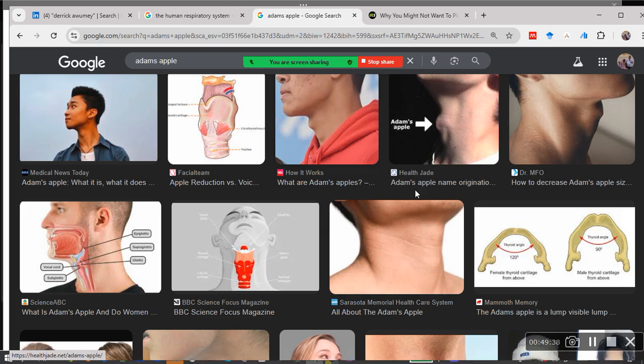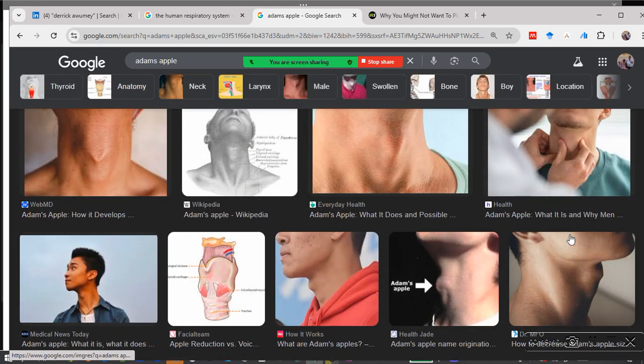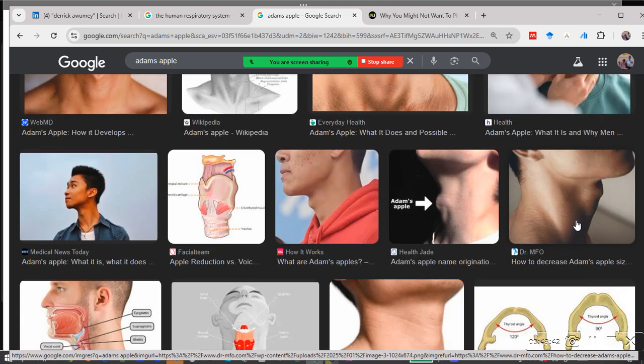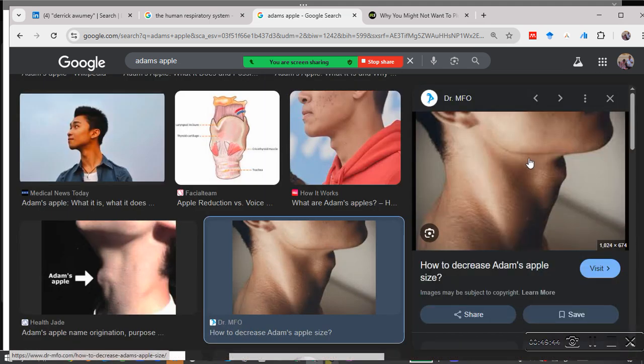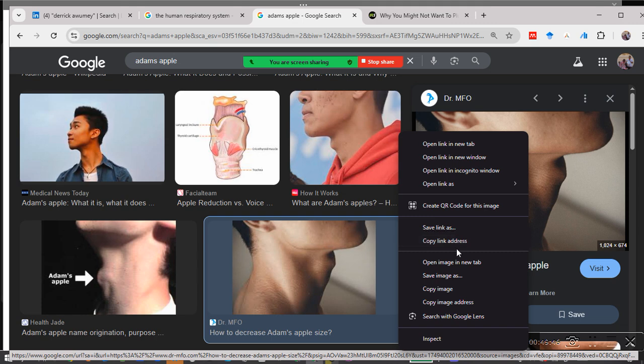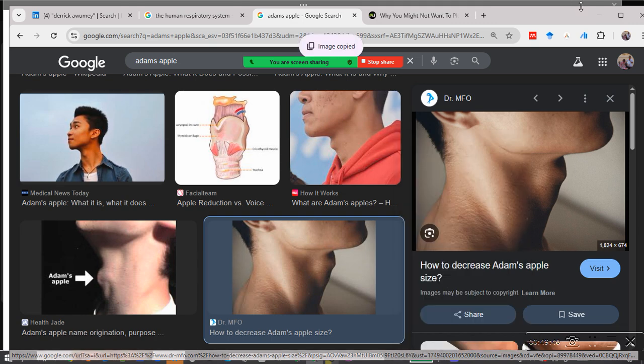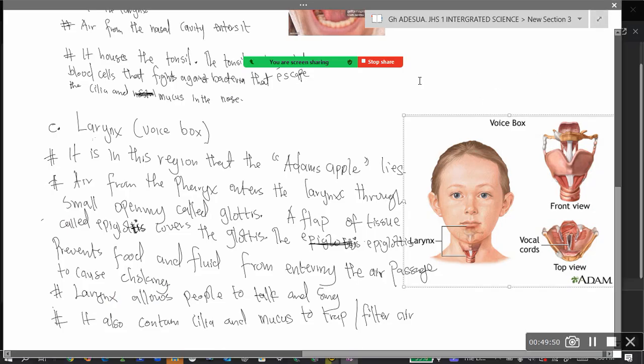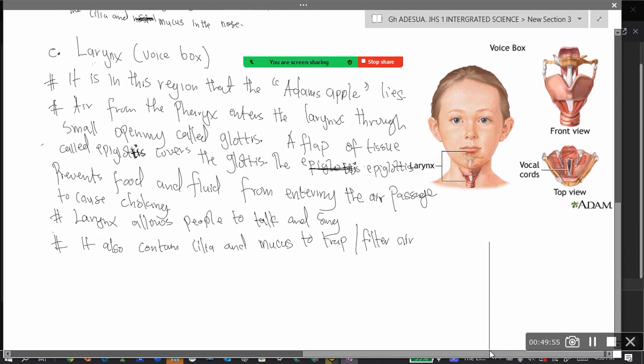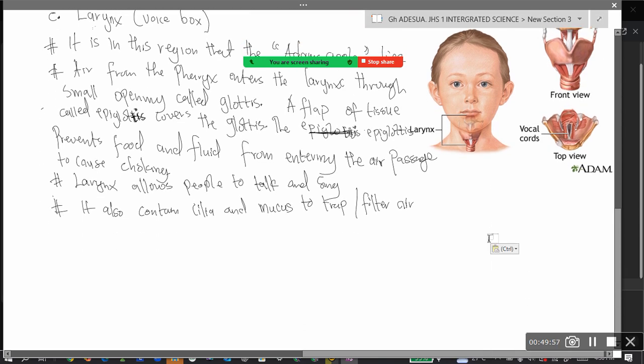Those kind of people, that is Adam's apple for you. I think none of you have an Adam's apple. You are all children, so you don't have Adam's apple. The men in our class, I don't think any of you have Adam's apple.